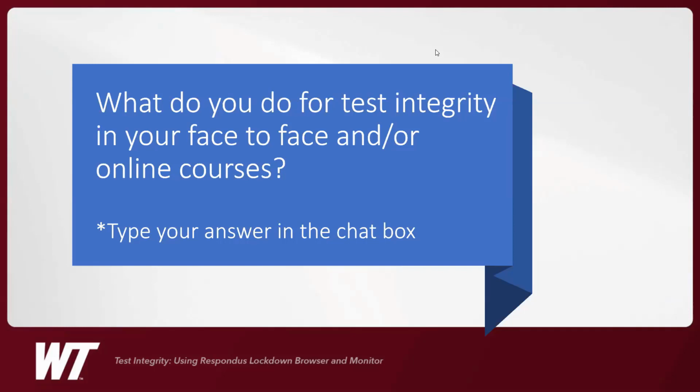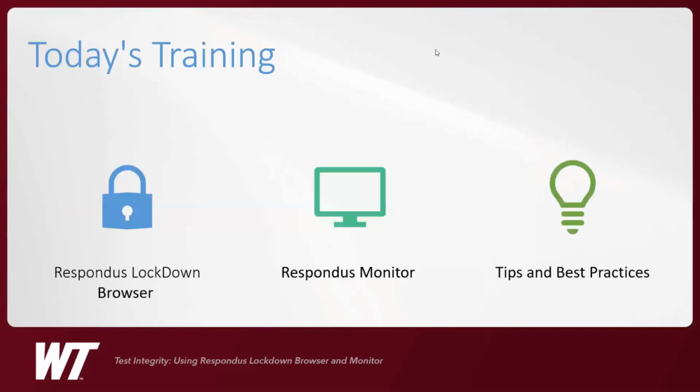Randomized questions, two versions of the test. The answers are coming in. Walking around face-to-face, using multiple forms. No hats. Some of this you're going to be able to apply in an online course, especially with Respondus Monitor. Keep your responses going, and share your ideas with other faculty members.